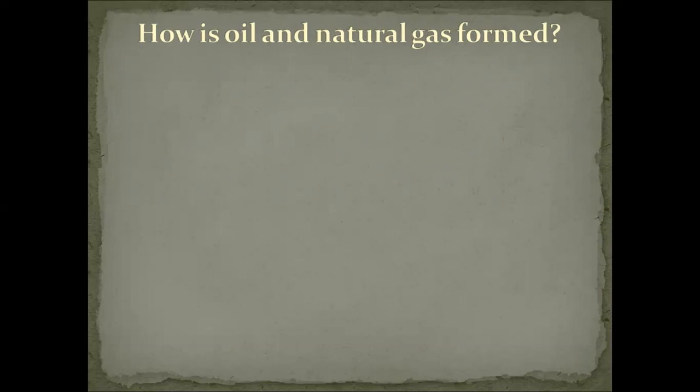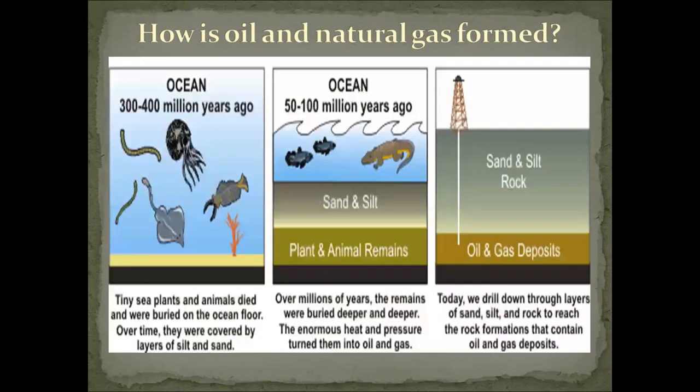Now, how are oil and natural gas formed? Tiny sea plants and animals died and were buried on the ocean floor. Over time, they were covered by layers of silt and sand.